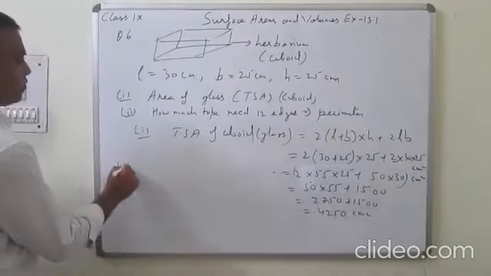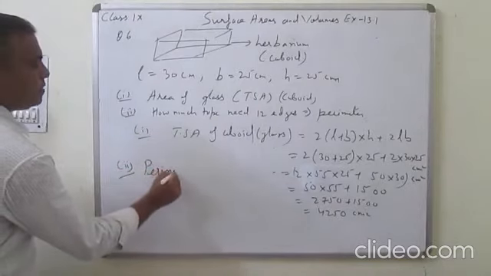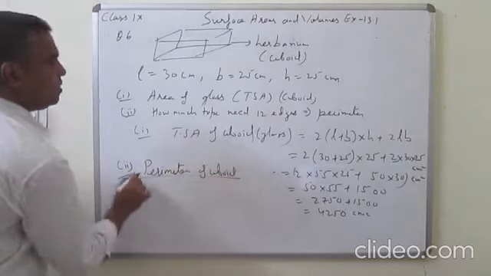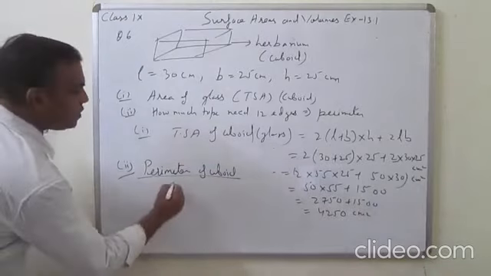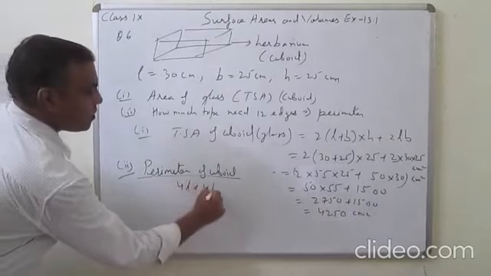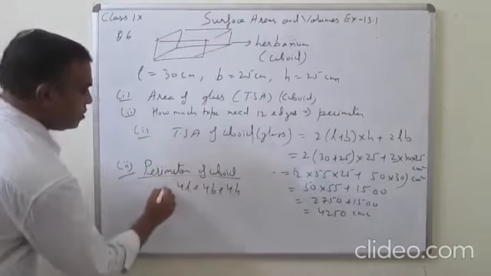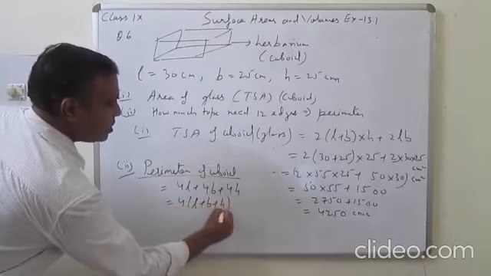Now we have to calculate the perimeter of the cuboid. How many lengths are there? 4 lengths, 4 breadths, 4 heights. So take 4 common: 4 times (L plus B plus H) centimeter.